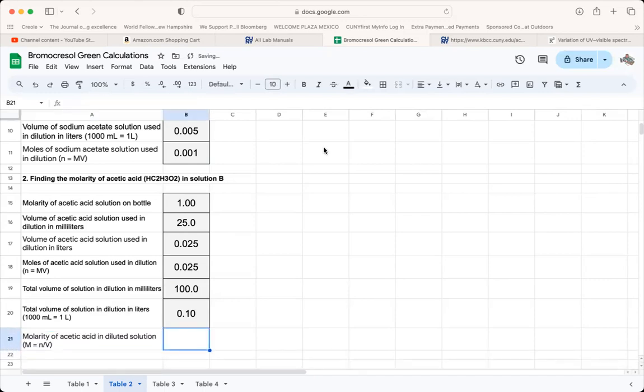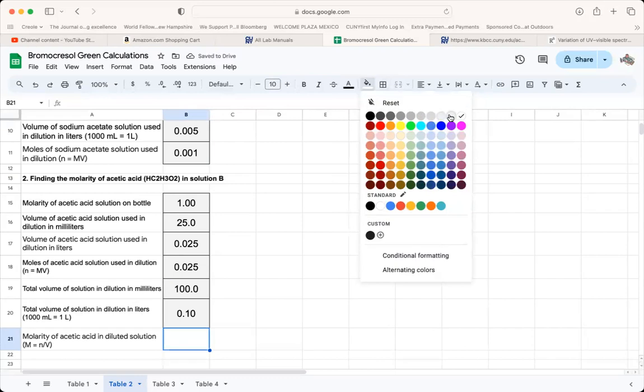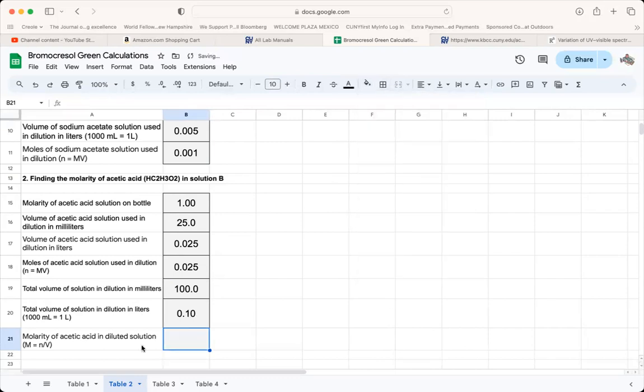And then over here, let's go ahead and put in a little bit of cell there. Okay, so the molarity of the acetic acid in the diluted solution. What's the molarity of the diluted solution? Well, molarity is moles over volume. So the number of moles we had was right here, 0.025, and then we're going to divide that by the volume in liters, which is 0.1.